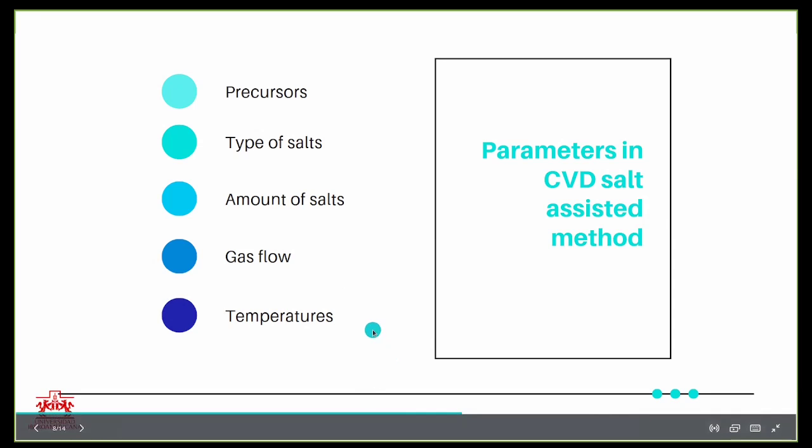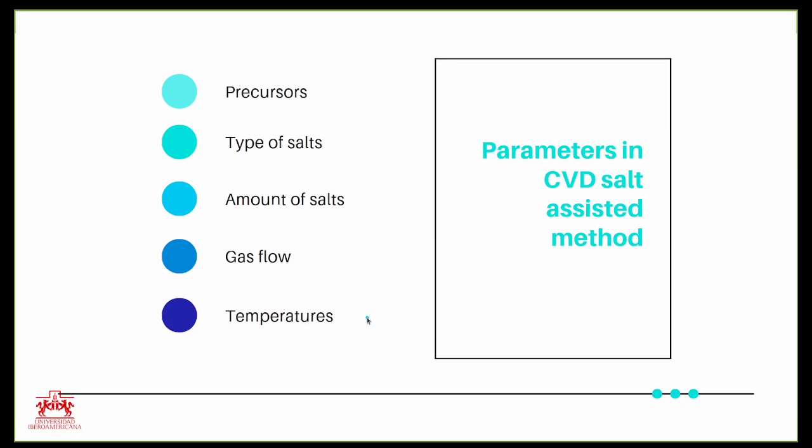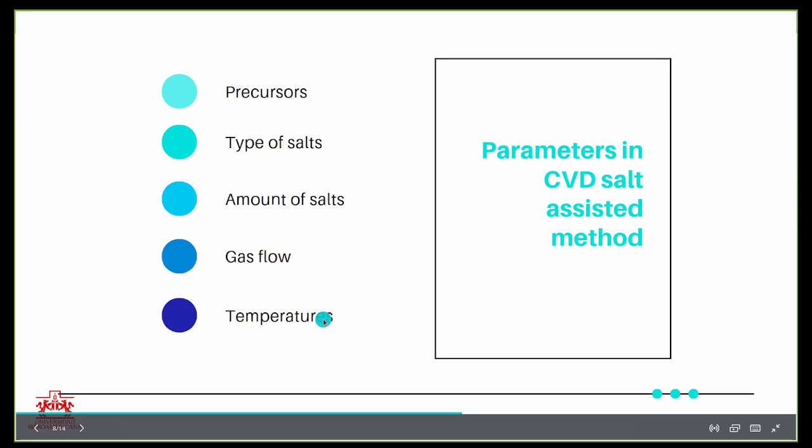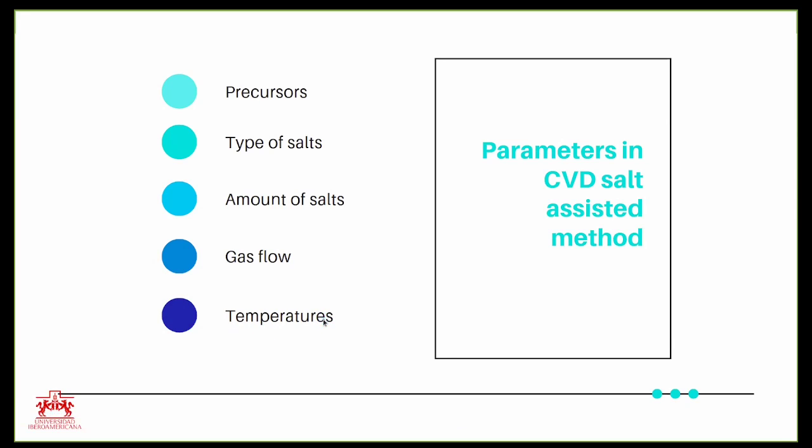And also, as I told you before, when we use salt, we change the temperatures, and depending on the vaporization temperature of the precursors, we are going to use the temperatures. Also, the distance between the precursors and the substrates is an important parameter.